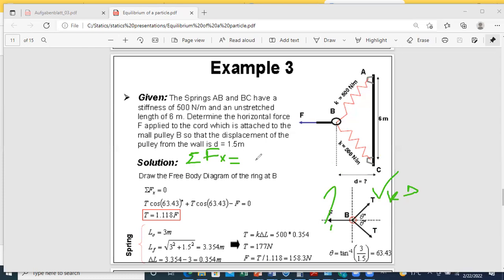And because sum of X is equal to 0, then I have plus 2T cosine theta minus F equals 0. So the only unknown is F. I get the value of F. Okay. Any question on this problem?